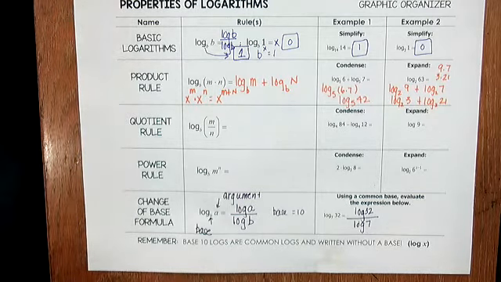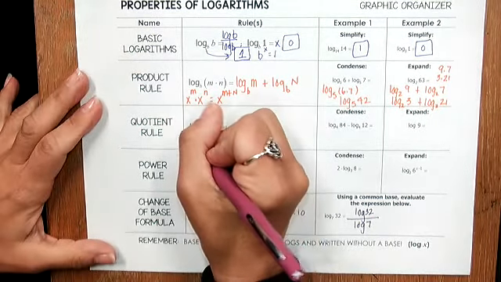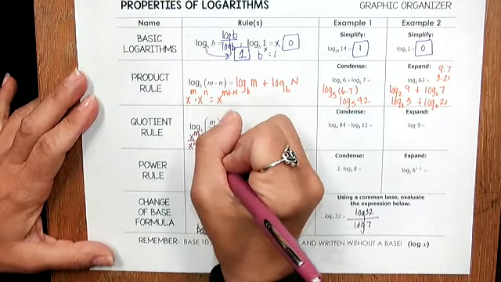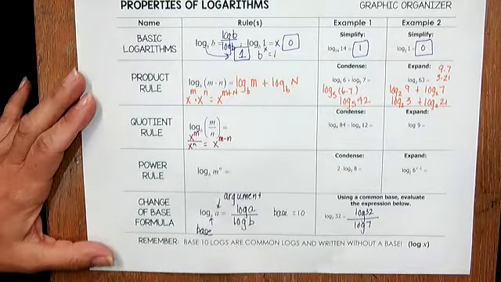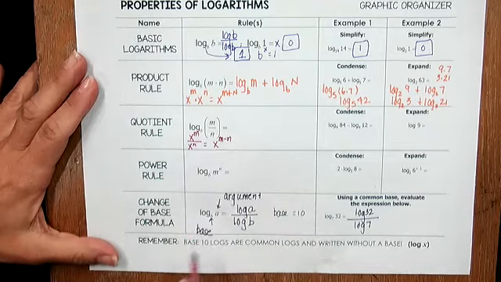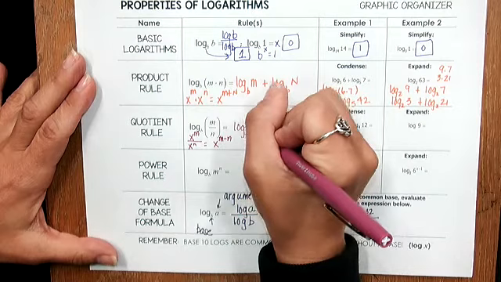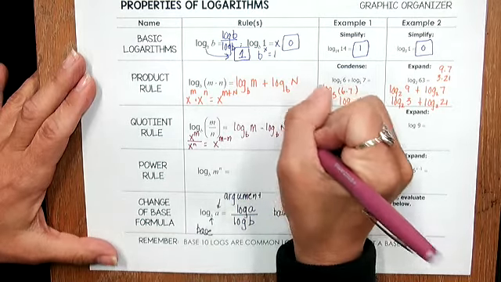Okay, quotient rule. X to the m over x to the n is x to the m minus n. Subtract the exponents. So let's subtract the logs. This is the log base b of m minus the log base b of n.